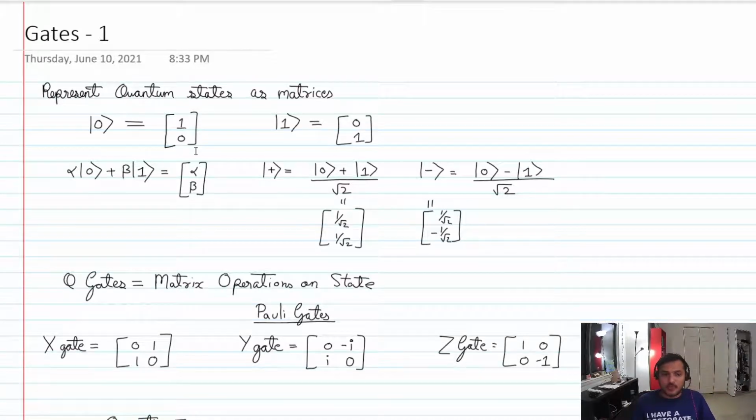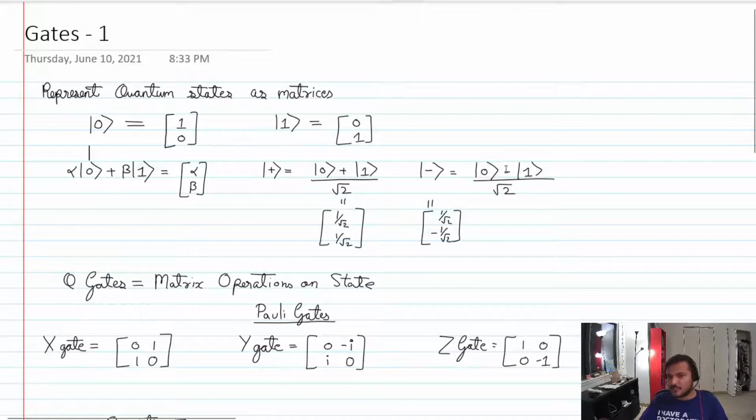All right, so now let's look at some more examples. This state, 0 plus 1, where both 0 and 1 have the factor of 1 over square root 2, would be a matrix of 1 over square root 2, 1 over square root 2.